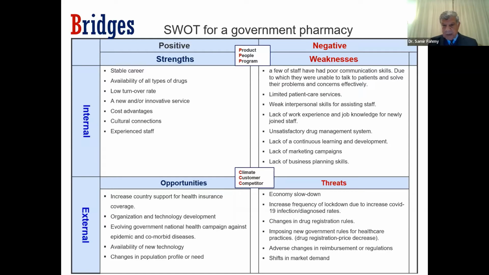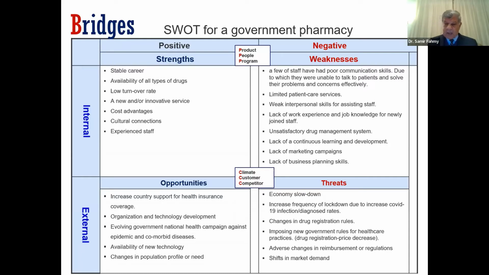Lack of marketing campaigns. As we know, sometimes we say, as we are working in the government, people will attend as they are contracting the government pharmacy, but at the same time, we do not offer them enough patient leaflet campaigns, patient counseling leaflets, and so on, marketing campaigns about the service and the way you support people as well.